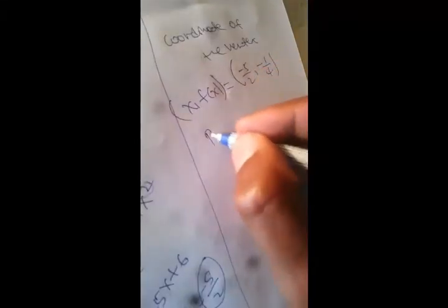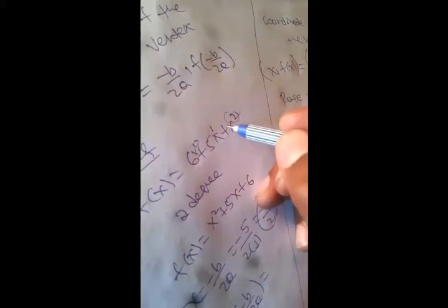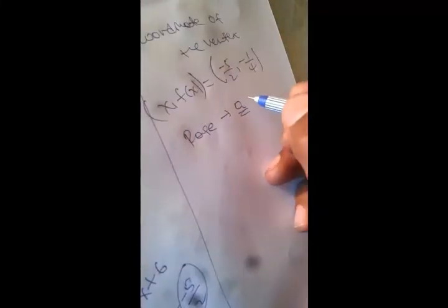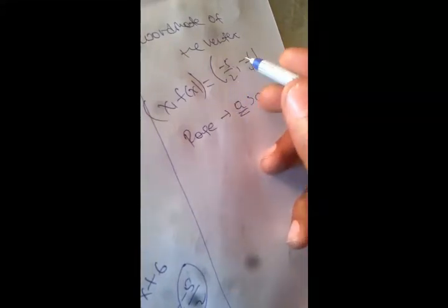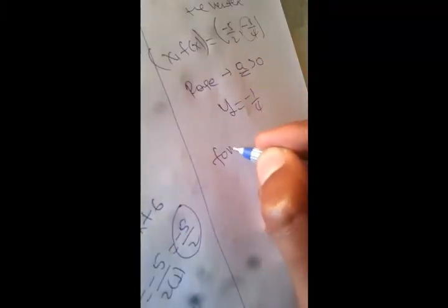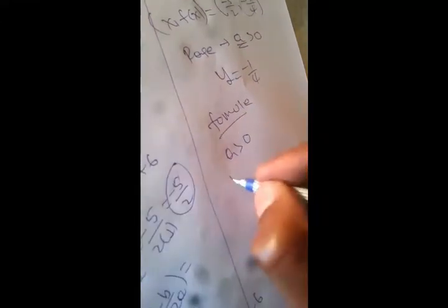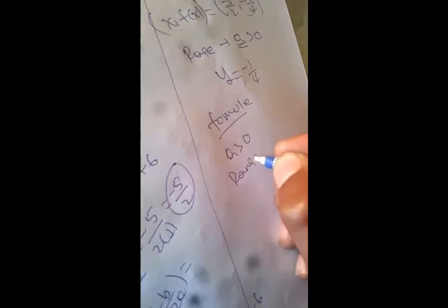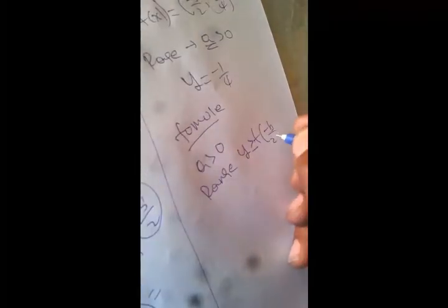So we already talked about how the range depends on the coefficient of a. That means the coefficient is 1. Therefore, it is greater than 0. And the y coordinate of the vertex is minus 1 over 4. And we have a general formula that says if a is greater than 0, then the range will be y greater than or equal to f of minus b over 2a.